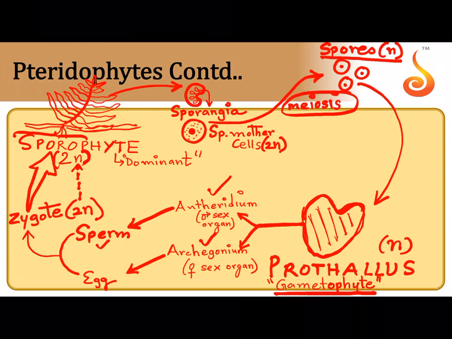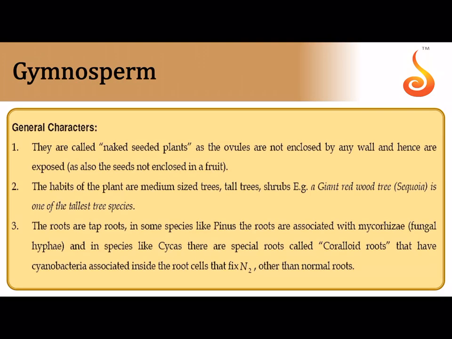The male sex organ produces the male sperm or gamete called antherozoids. The archegonium has the egg. They fuse to form a diploid zygote. The zygote develops into the sporophyte. So sporophyte undergoes asexual reproduction and prothallus undergoes sexual reproduction. Okay?